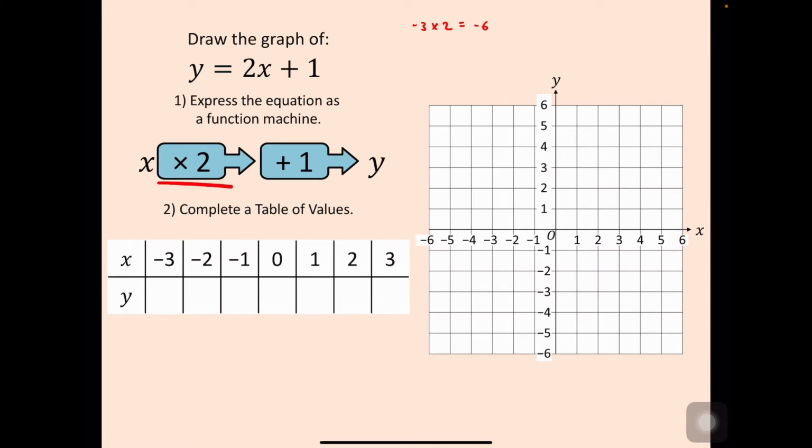Then we need to do negative 6 plus 1. That gives us negative 5. Then we have negative 2 multiplied by 2, which is negative 4. And negative 4 plus 1 is negative 3.